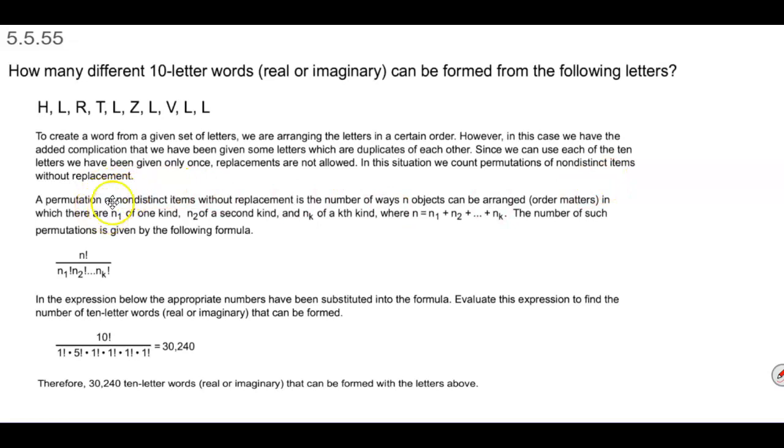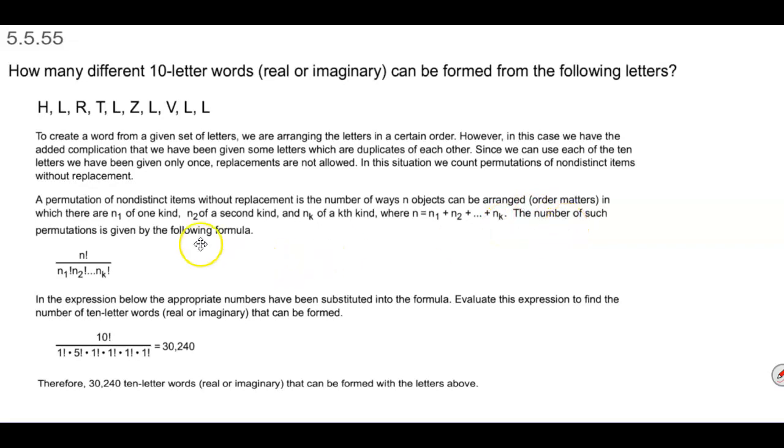A permutation of non-distinct items without replacement is the number of ways n objects can be arranged where order matters, in which there are n subscript 1 of one kind, n subscript 2 of a second kind, and n subscript k of a kth kind, where n is equal to n subscript 1 plus n subscript 2 plus all the way to n subscript k.